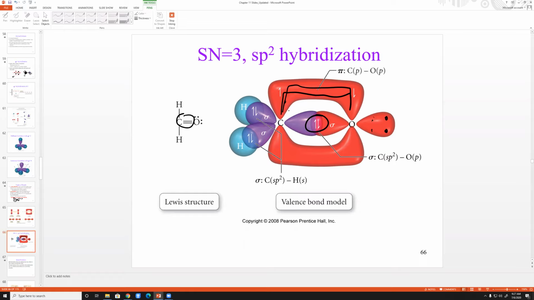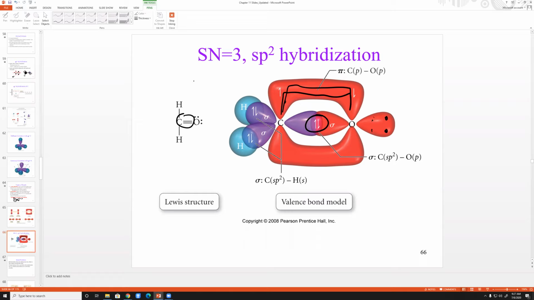That's where those electrons are overlapping. So that's both of the p orbitals. And then you have an s orbital from carbon and a p orbital from oxygen, and they're going together and hybridizing.